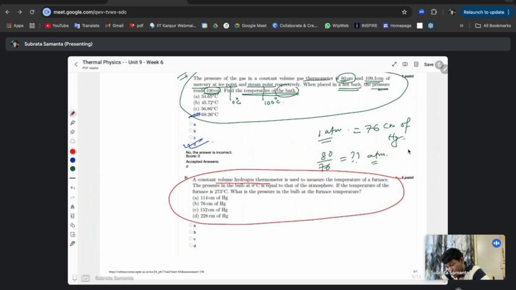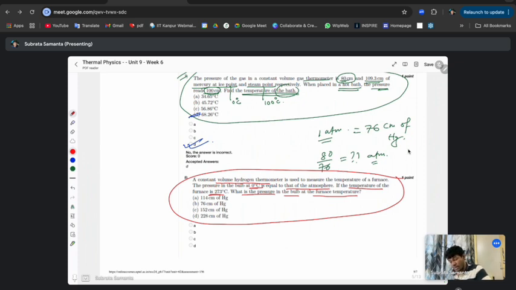The pressure in the bulb at 0 degree centigrade is equal to the atmosphere. If the temperature of the furnace is 273 degrees centigrade, then what is the pressure in the bulb at furnace temperatures? So the furnace temperature is 273 centigrade.